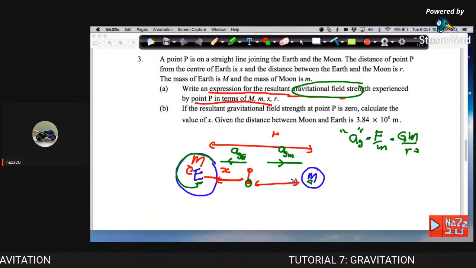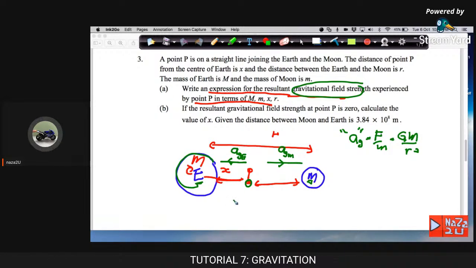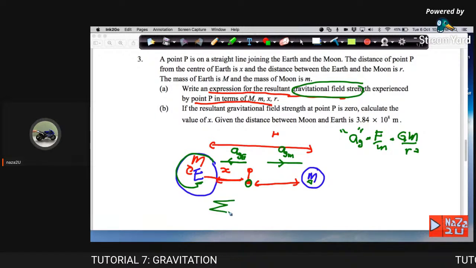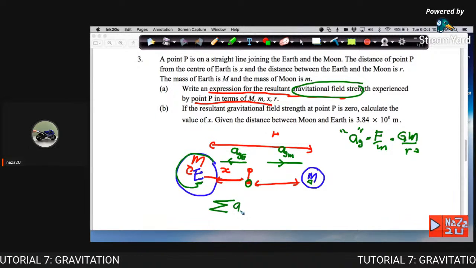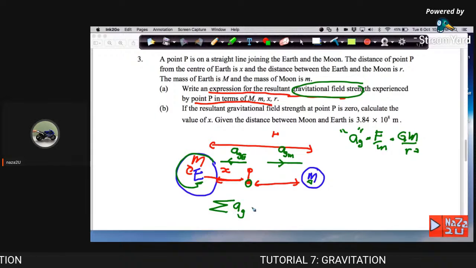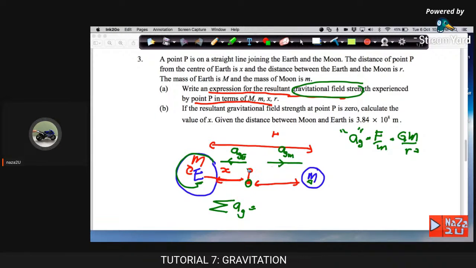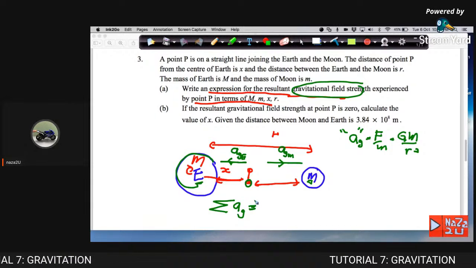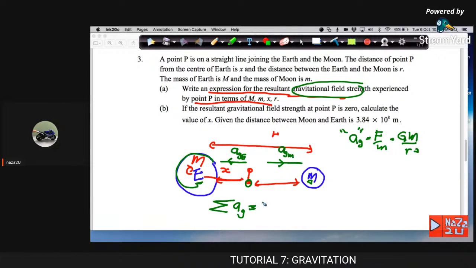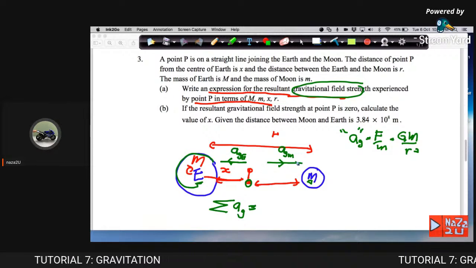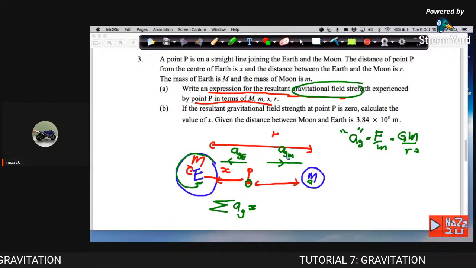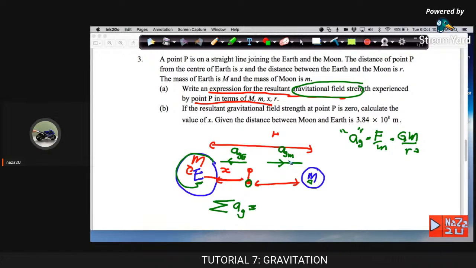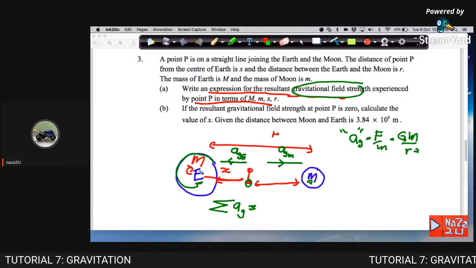Influenced by the Moon and the Earth. So the total ataupun net gravitational field strength, saya buat G total ataupun net, because dia ditarik oleh dua daya. Jadi kita ambil daya bersih, actually bukan daya, acceleration ataupun gravitational field strength, net gravitational field strength is first katalah kita ambil kanan dulu. So AGM here. Okay, tapi kita ambil yang kiri ataupun mana boleh, tapi kita ambil yang besar.